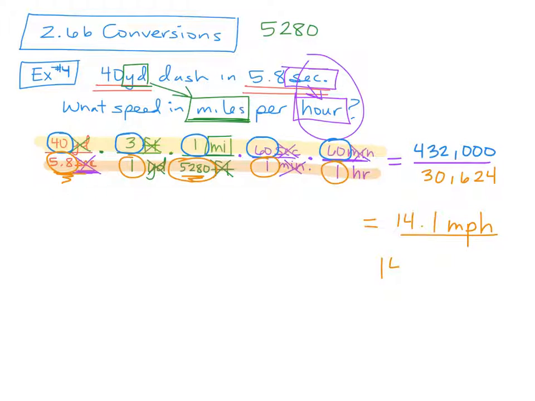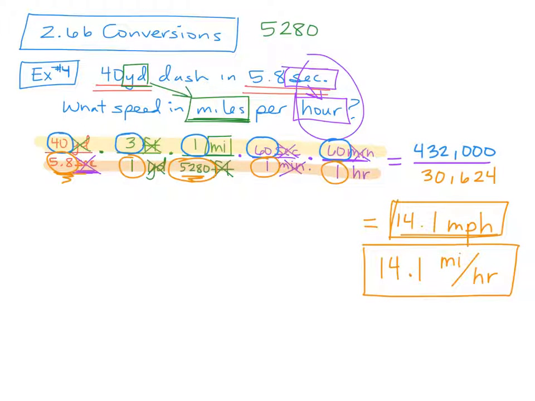Or you may write it like this, 14.1 miles per hour. Okay, so that is your answer, or you can leave it like this. Either way. So that person runs about 14 miles per hour.